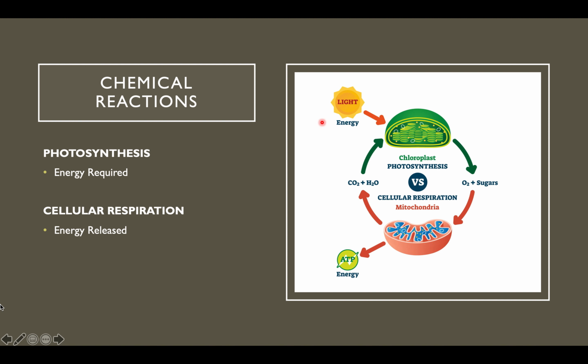So let's look a little bit deeper at that, because it doesn't feel like it makes sense until you really see it. So on the left side of this slide, and on this image, we have light in the form of the sun. That's the energy that will go into this chloroplast, where photosynthesis will take place in plants. And then they produce oxygen and sugars that are used by the mitochondria, which is the powerhouse of the cell, right?